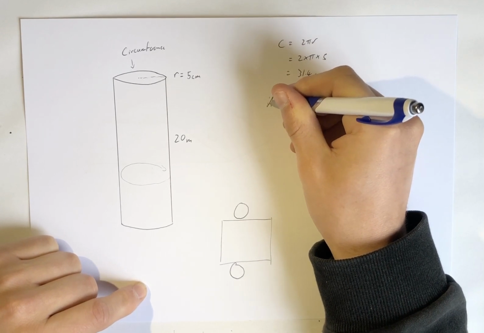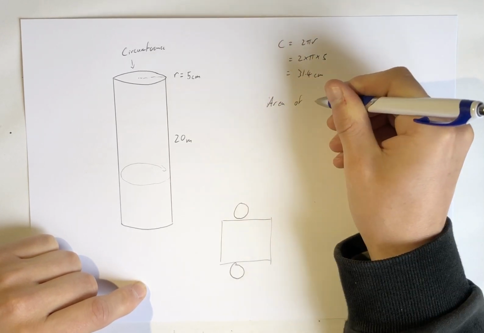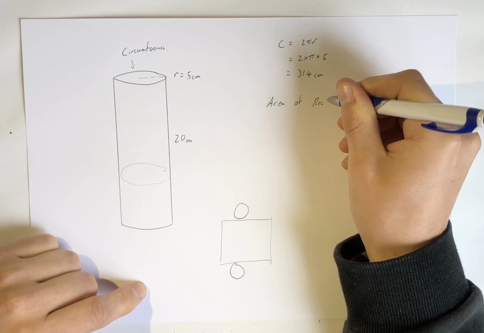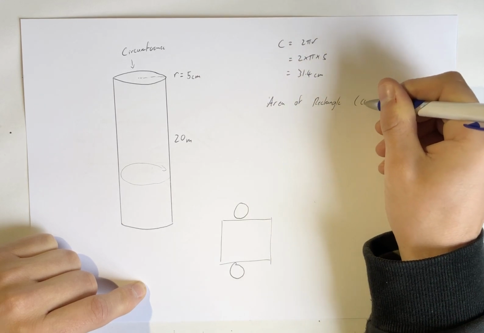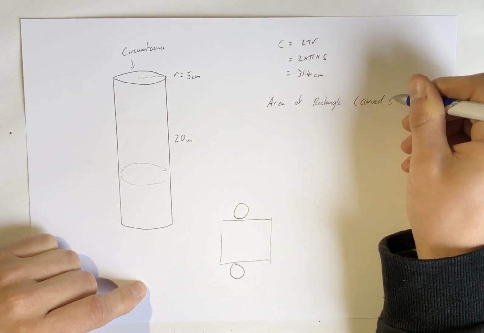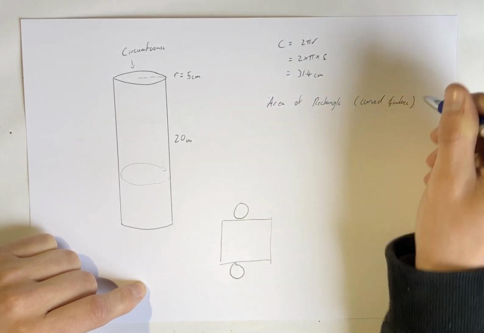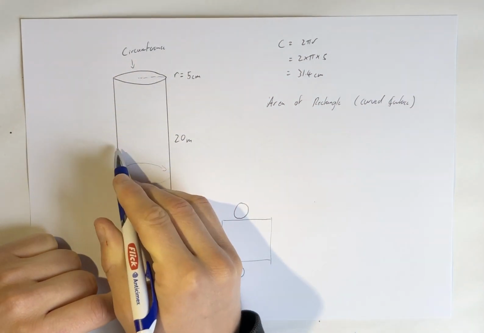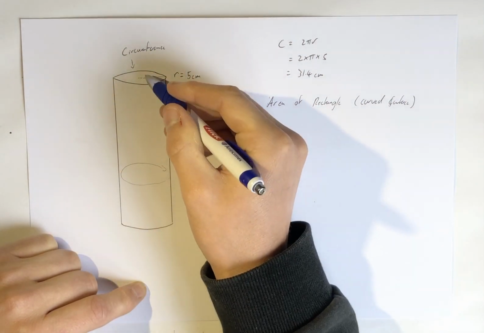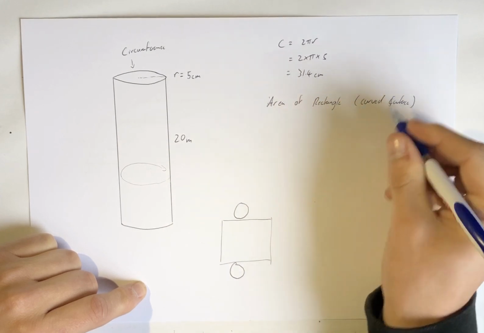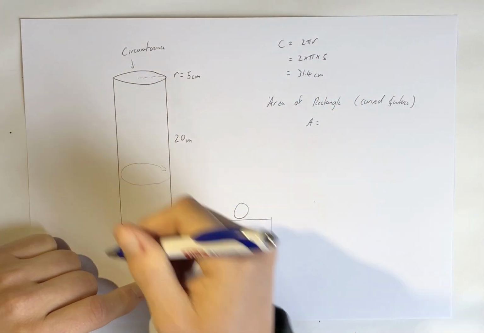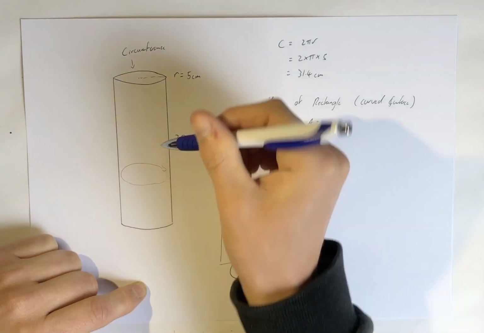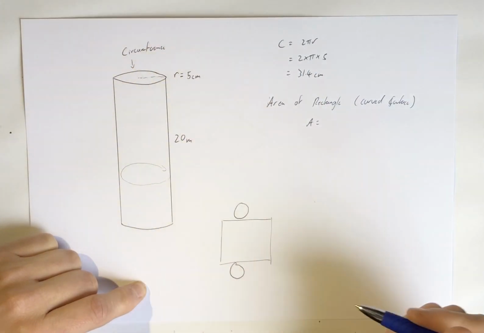So let's go area of rectangle. Or you might want to say the curved surface. This is a curved surface, the surface itself is curved, whereas this surface is flat. So area of rectangle or curved surface, that area is going to be this length times, it's basically its base times its height, isn't it?